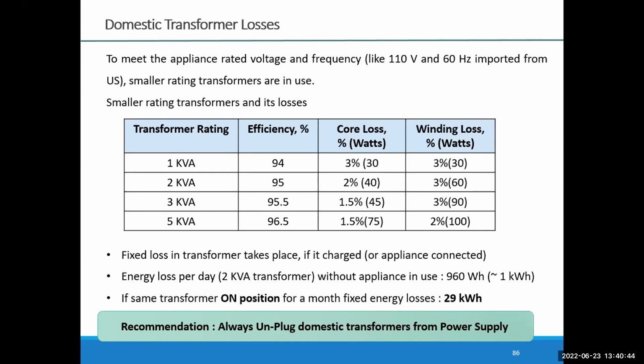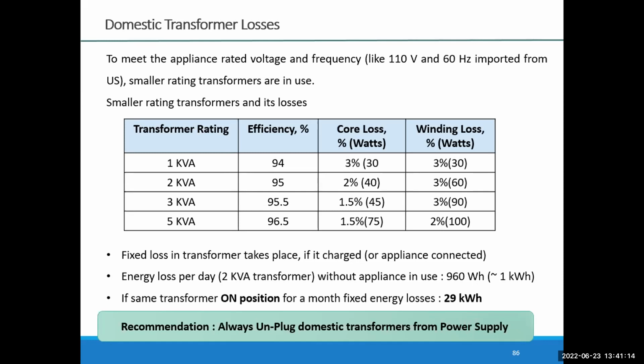Fixed losses in the transformer take place whenever it is charged. Whether or not you apply load, these fixed losses are consumed invariably. And with the applied load, the copper losses are consumed in addition to the fixed losses. So the typical energy loss per day in a 2 kVA transformer without applying any load, if you just keep it switched on, is 960 watt hours per day.